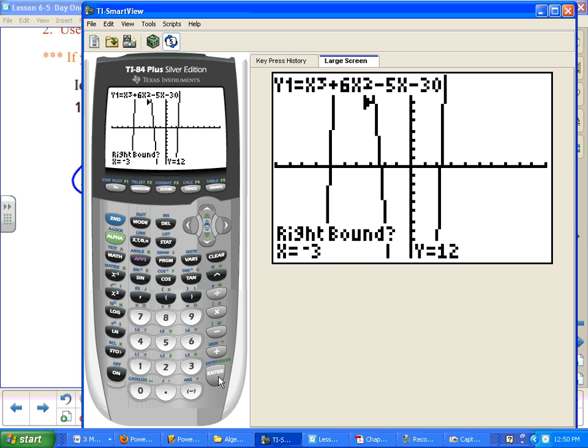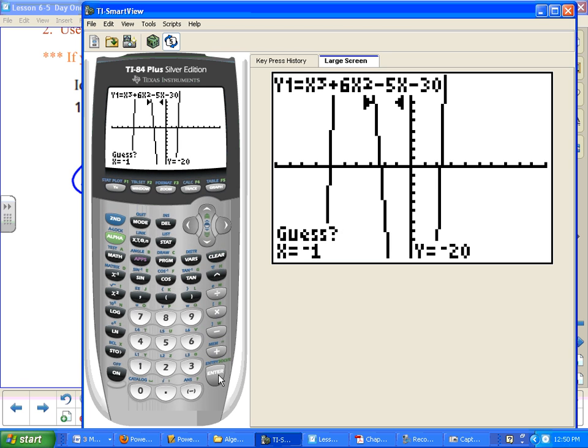Now we want to pick a number to the right of where that 0 is, a right boundary. I could choose -2, or -1, or 0, whatever you want, just as long as it's before we get to another intersection. So I could put in -1 now.